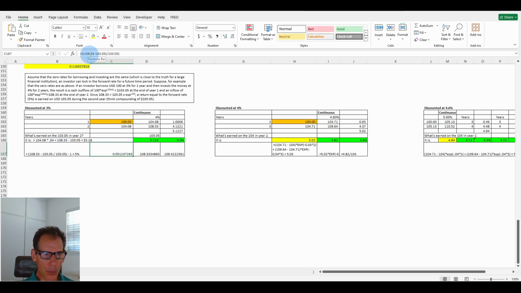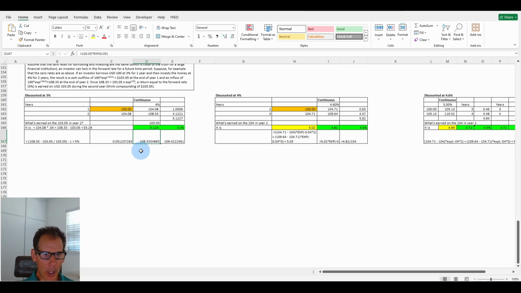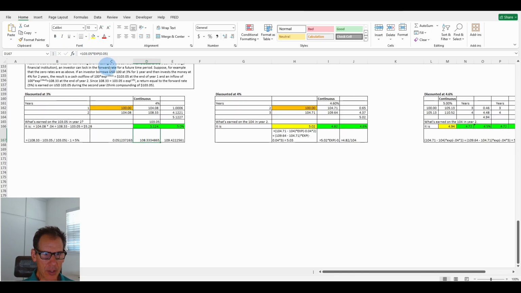And all we did is 103 minus 103.05 divided by 103.05. And then 108.333 is just the same number as I just crunched. That's that 108.33 times e^0.05 is that 108.33, and then 109 would be 103 times 2, and I probably was just scribbling. And then you can do this discounted at 4% and discounted at 4.6%.